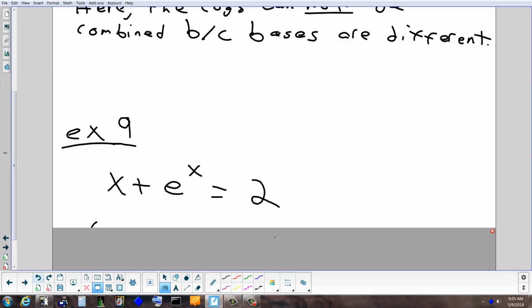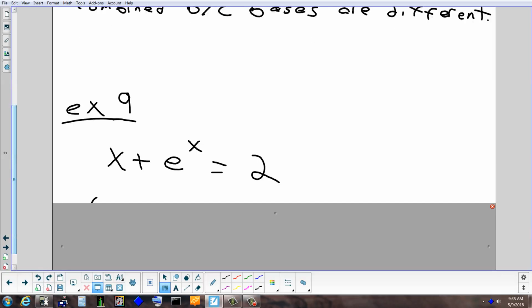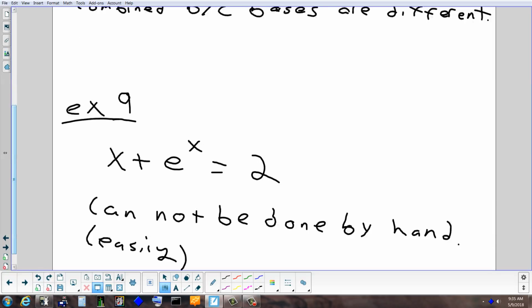Or if you didn't have an x here, well, that's even easier. e is just the number 2.718. Just subtract 2.718 to the other side and you're done. So if you just had an x in either spot, it's very easy. But you don't. You have it in both. And with algebra, I don't know how to get x by itself there because it's in both spots. So this is not one that's easy to do by hand.